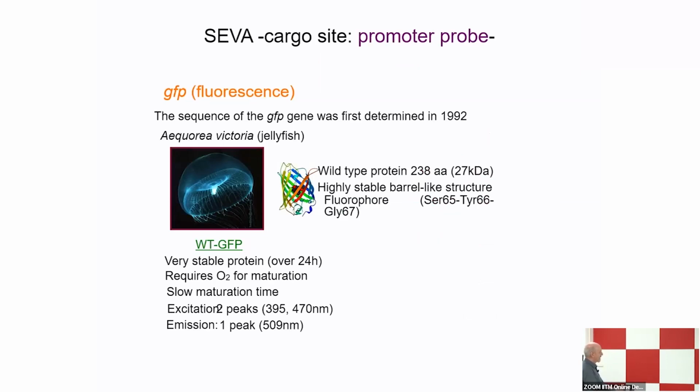But then, the king or the queen of the last 10 or 20 years in the area of reporters is GFP. So GFP, as you know, comes from these jellyfish that are found in many seas. There are many variants of GFP. Some of them are natural, others are engineered, and it has a number of characteristics that make it very, very appealing.